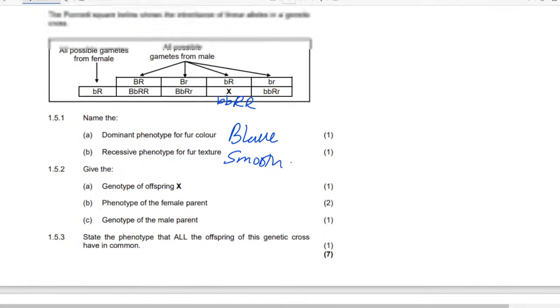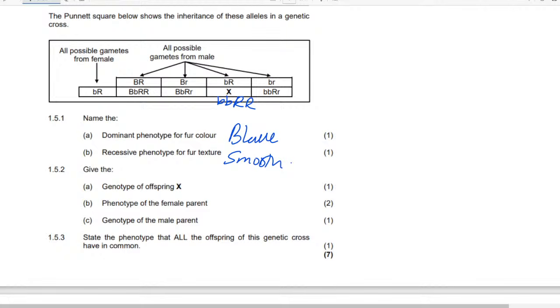So it's going to be white and rough. But I have skipped this: the genotype of X, yes, we have talked about it. So that is the answer for that.